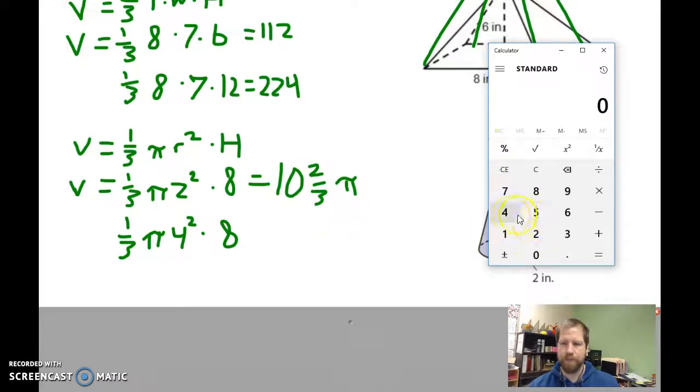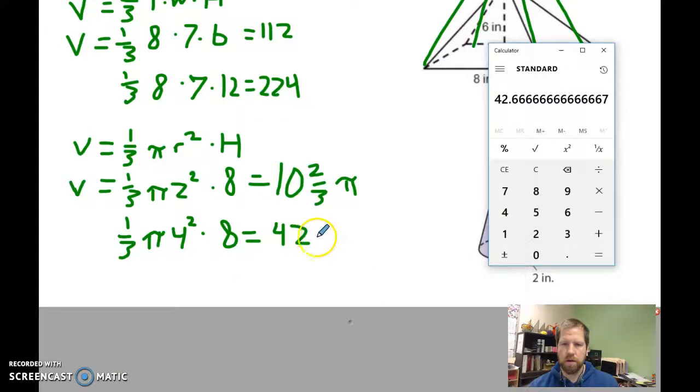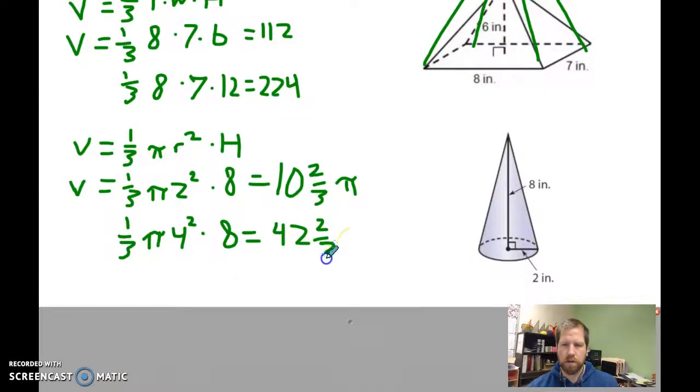Let's check. 4 times 4 is 16 times 8 equals 128 divided by 3, 42 2/3 pi.